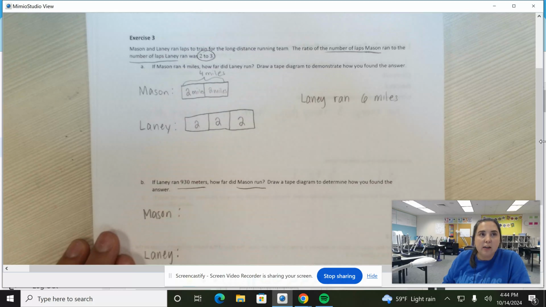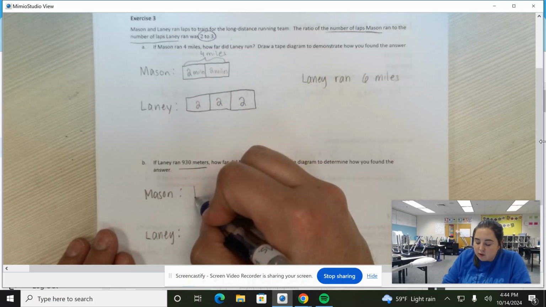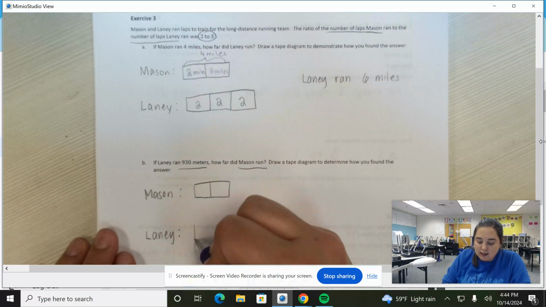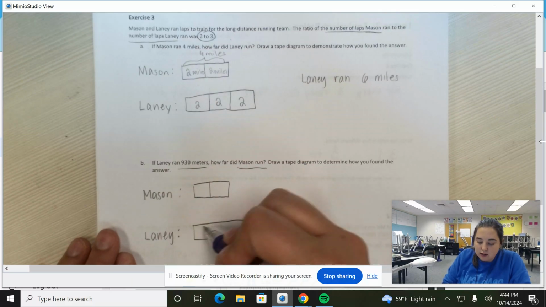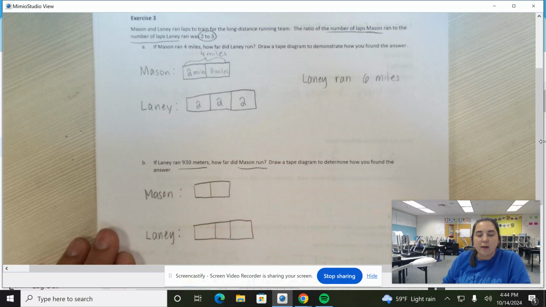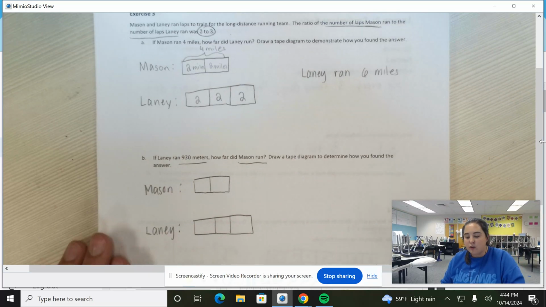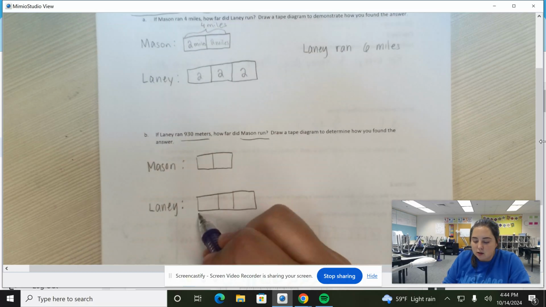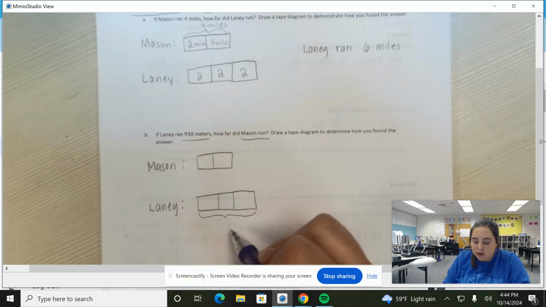Here's Mason and Lainey. Again, Mason had these 2 units. Lainey had 3 units. Like that. But now they're saying Lainey ran 930 meters. So these 3 pieces together would be 930 meters.